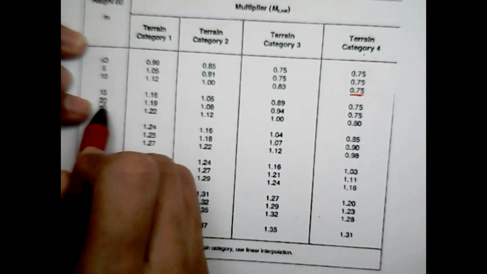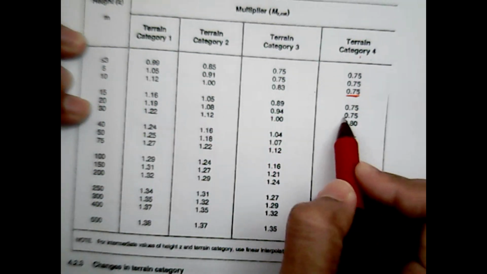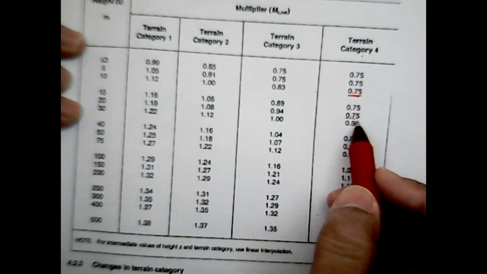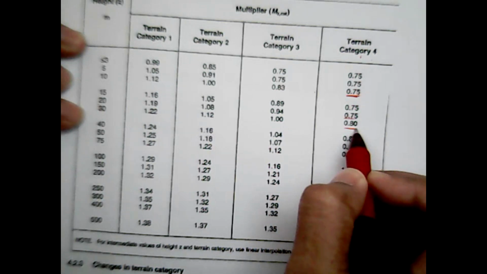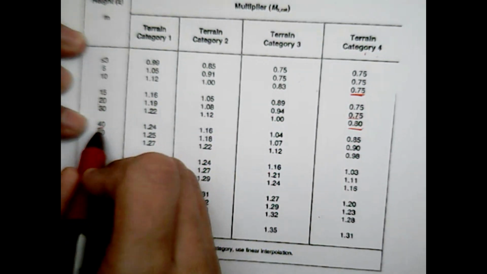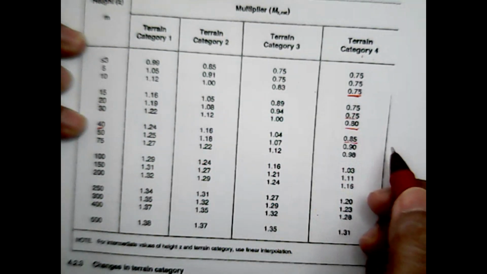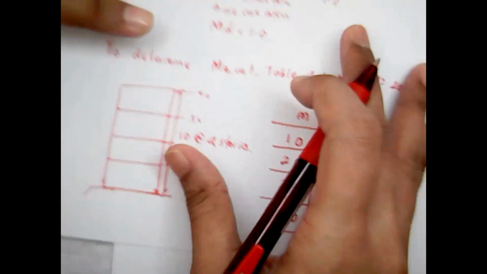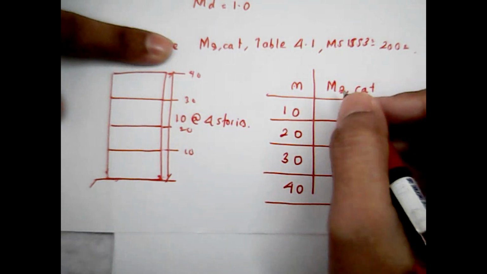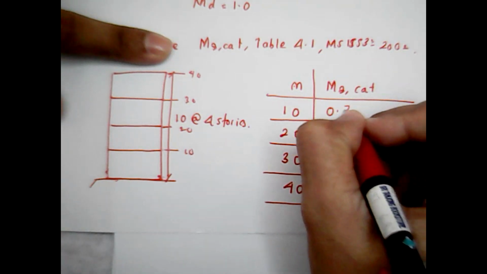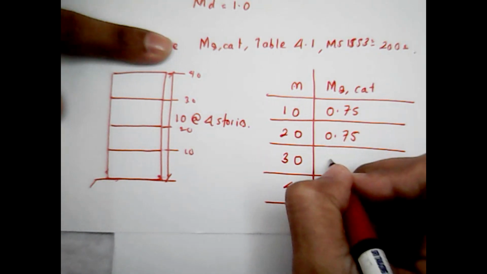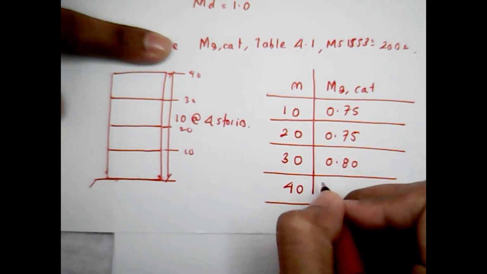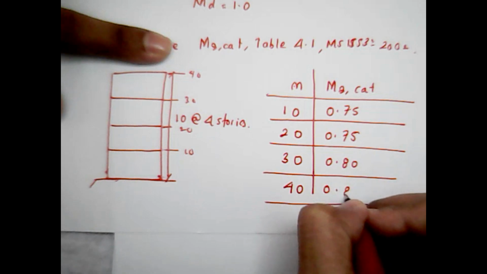For 20 it gives you 0.75, for 30 it gives you 0.80, and for 40 it gives you 0.85. So you can then insert the values: at 10 meter is 0.75, here is 0.75, here is 0.80, and here is 0.85.